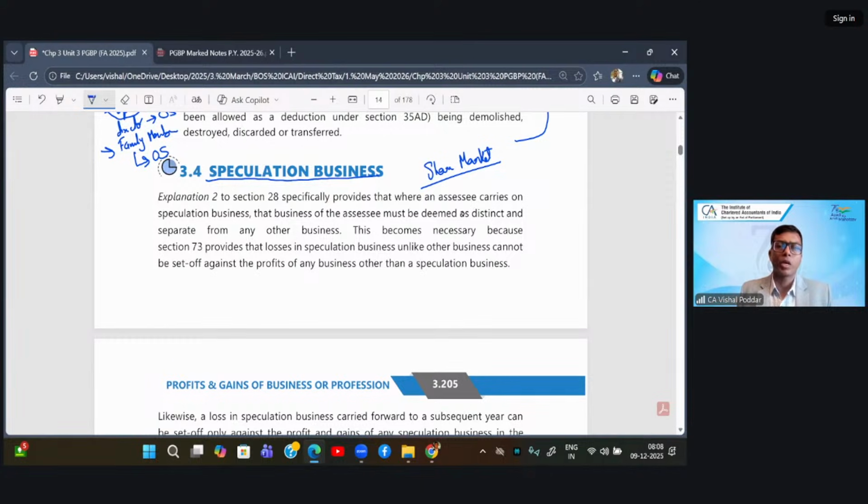Firstly, whatever trading you are doing in stock market will come either in the capital gain chapter or the PGBP chapter, depending upon where you have classified those shares in your books. If those shares are held as a capital asset in your investments, in the balance sheet, then whenever you sell those shares or any of your financial assets, it will be capital gain.